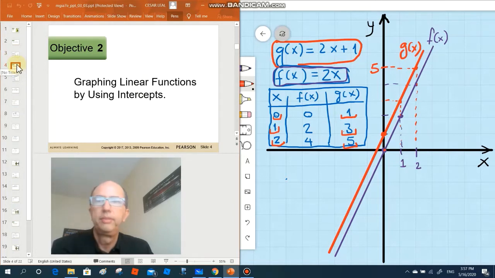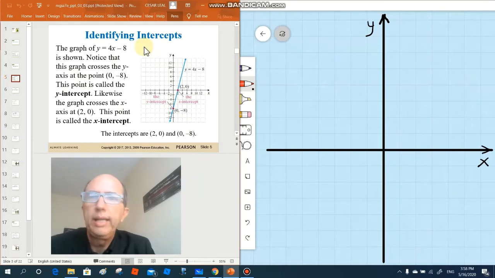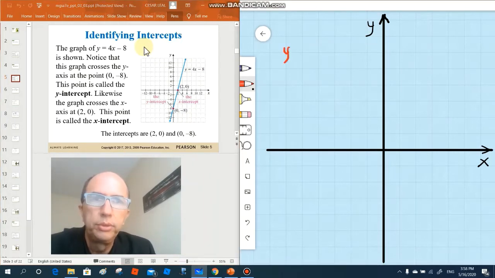Second objective, graphing linear functions by using intercepts. First thing, identifying intercepts. We have a function here as an example, which is y equals 4x minus 8.